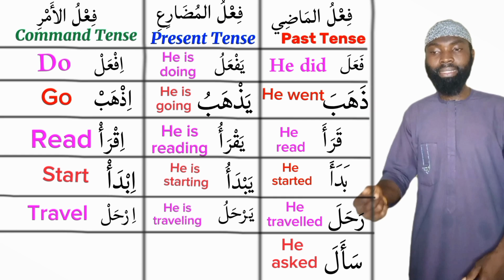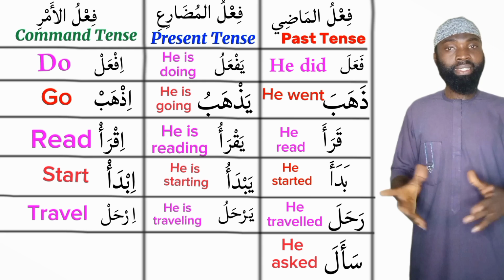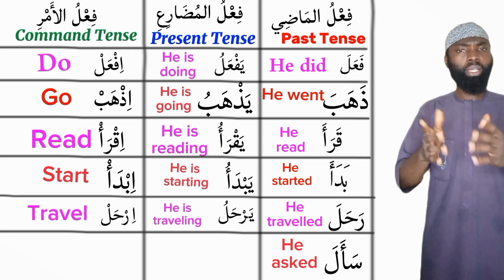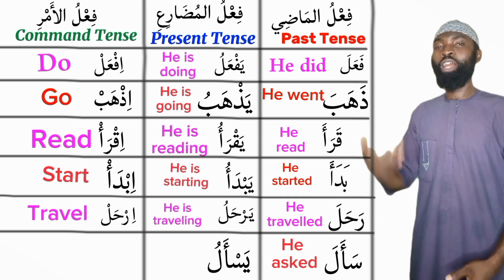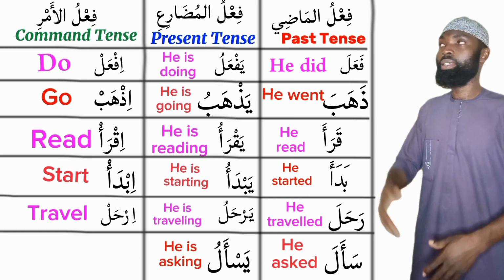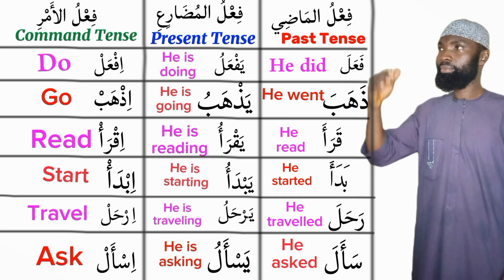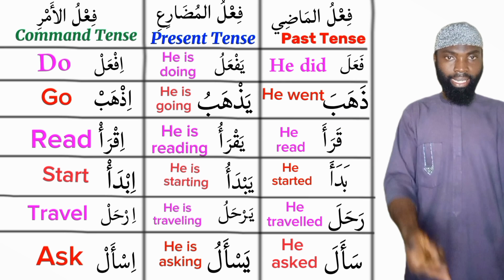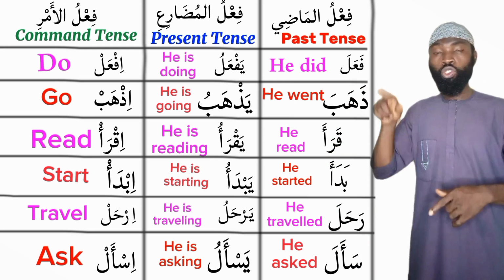What should be the present tense of this word sa'ala? Very simple. You just need to form it into the pattern yaf'alu to be yas'alu. Very easy. Sa'ala, he asked. Yas'alu, he is asking. Then is'al, ask. You are commanding someone to ask.